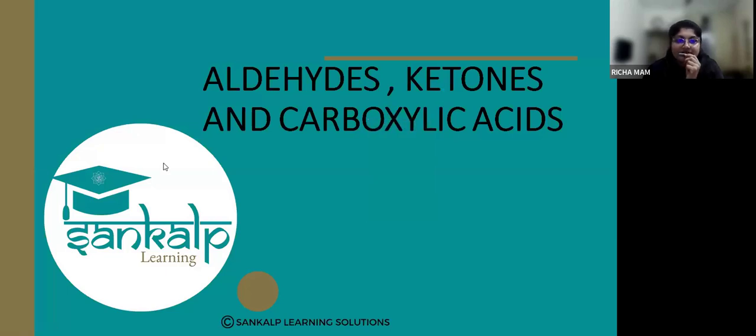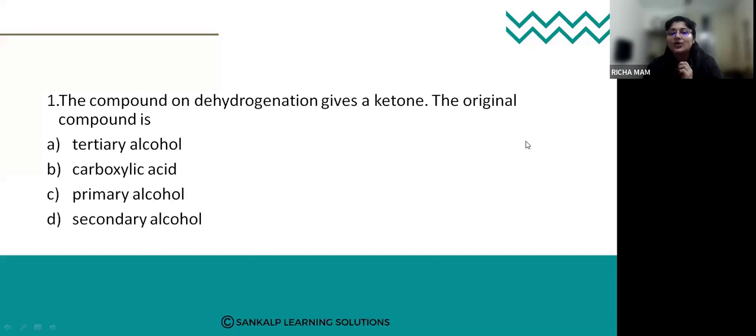So this is our first question. The compound on dehydrogenation gives a ketone. So what is the original compound? Dehydro, not halogenation, it is dehydrogenation. Which is the original compound?